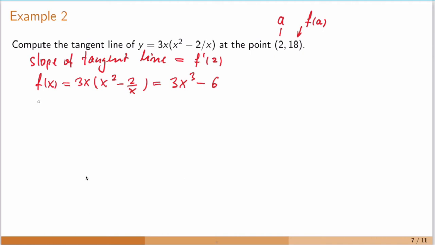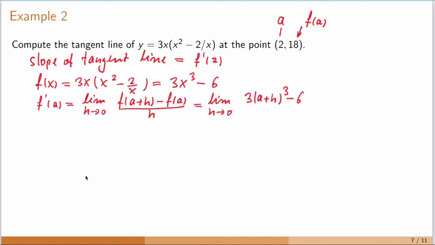And now I use my definition for the derivative, so f prime at a equals the limit as h goes to 0 of f of a plus h minus f of a divided by h. And now I sub in this function. 3 times (a plus h) cubed minus 6 minus f at a, which is 3a cubed minus 6, and then all this divided by h.